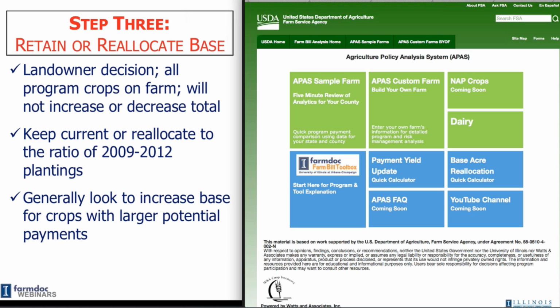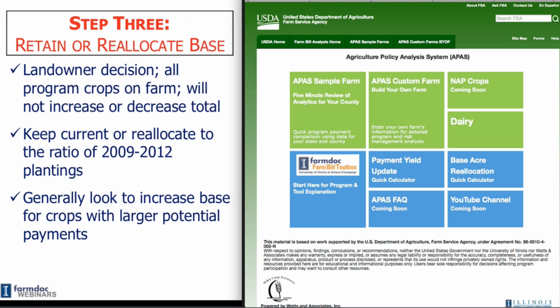If we have a share rent situation, there's 80 base acres on the farm. The base acres remain the same, whether it's share rent or cash rent, but the share payments will differ. Again, the retain or reallocate is a landowner decision.